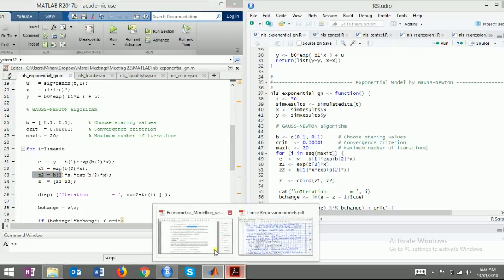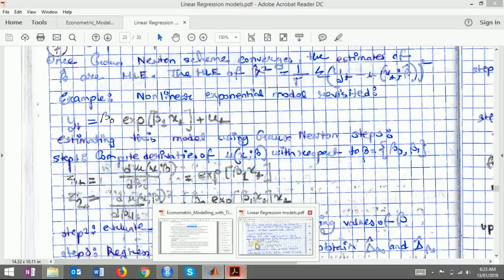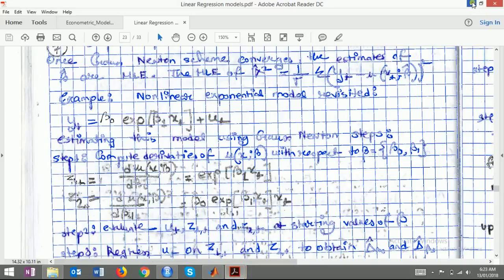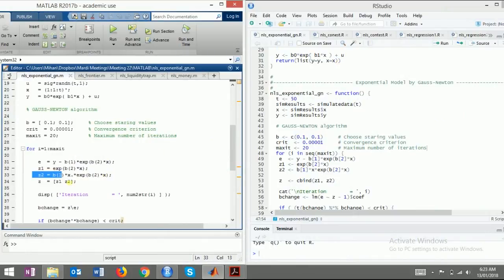Let's see. Exponential of beta 1 xt, beta naught, exponential of beta 1 xt. B1 is beta naught, exponential of beta 1 xt into x. Z is equal to Z1, Z2.